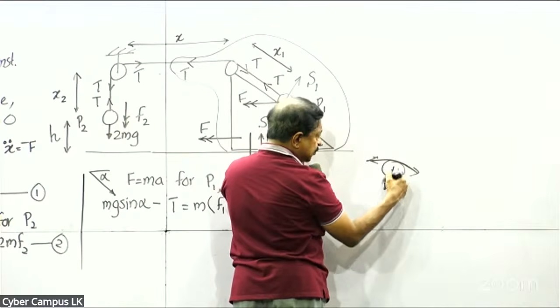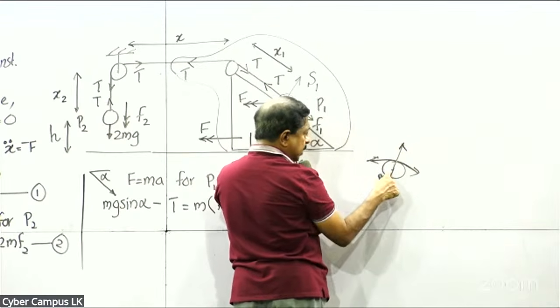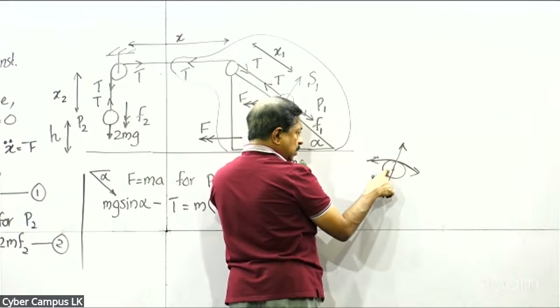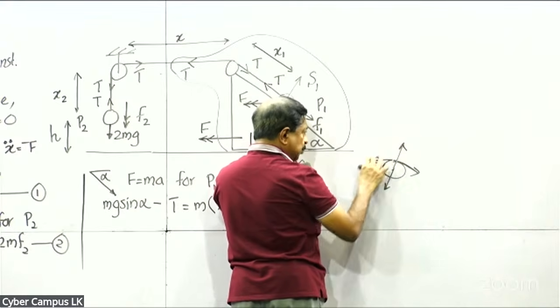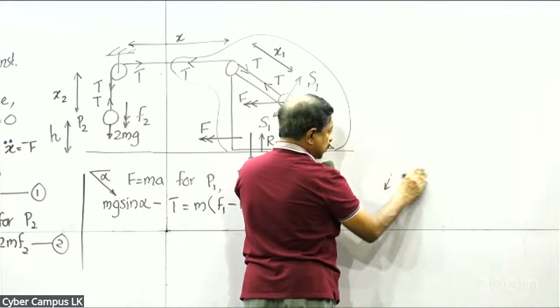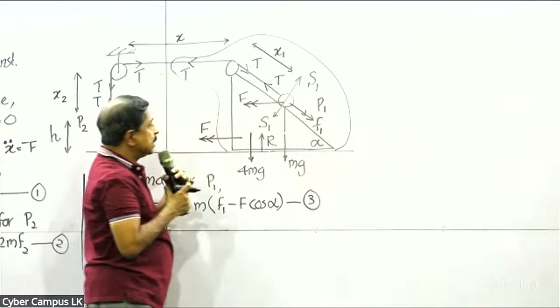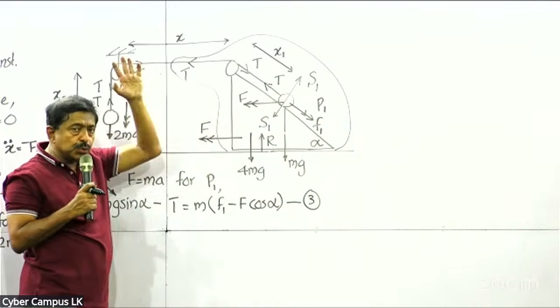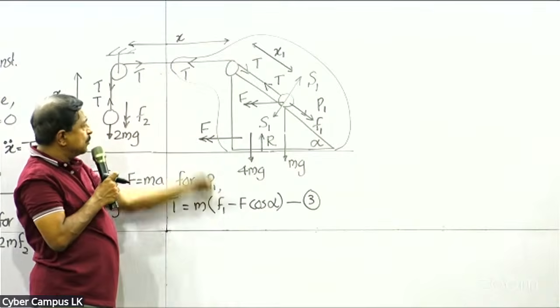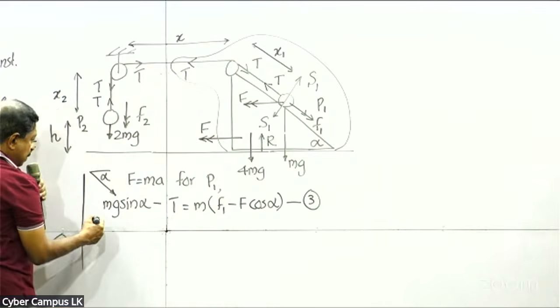So if you break the system here, then you have to consider the force from the pulley onto the string. So take that into the system. Then those are internal reactions, you don't have to worry about them. Break it somewhere here.